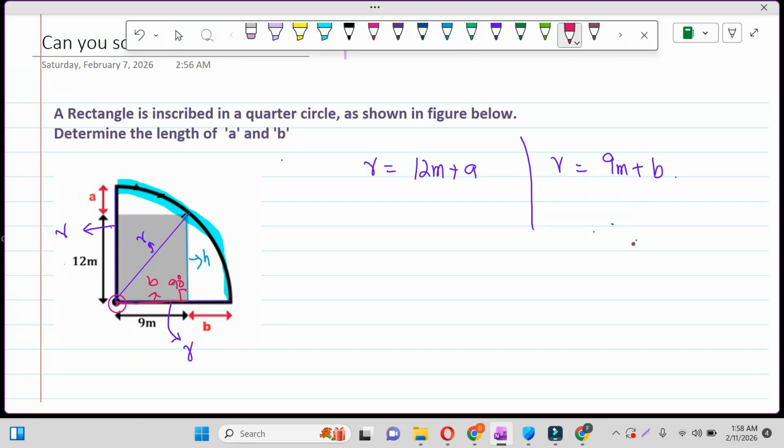So we can use the Pythagoras theorem to find the value of the radius. The hypotenuse square is equal to the sum of the squares of the other sides, which is base square plus perpendicular square. So the base in this case is 9 meters, so 9 square, plus the perpendicular, which is the height of 12 meters, so 12 square, and the hypotenuse is R, so radius square.